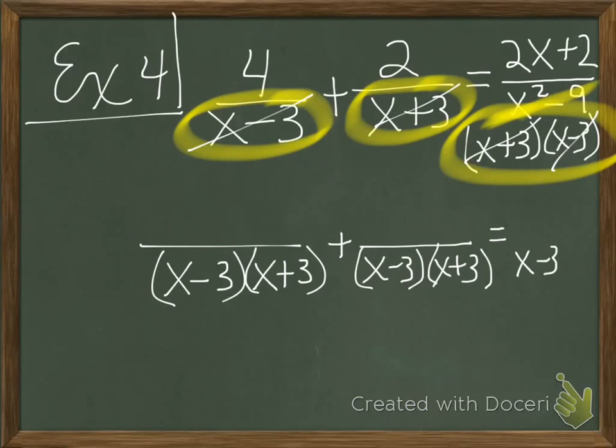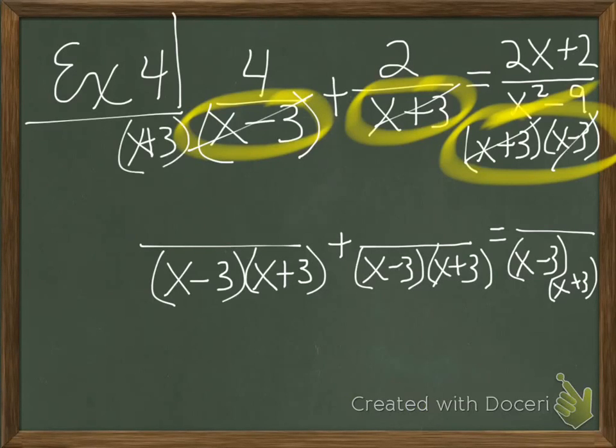And I can just fix my numerators now. So for x minus 3, we just multiplied by x plus 3. So 4 times x plus 3.